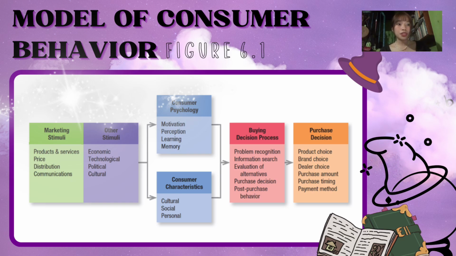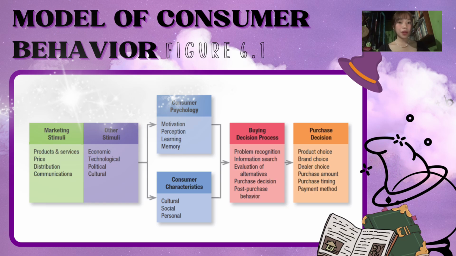A consumer's decision-making process is guided by psychological and personal characteristics. Psychological factors like motivation, perception, learning, and memory influence how people interpret marketing messages. Meanwhile, cultural, social, and personal traits shape their preferences and purchasing habits.